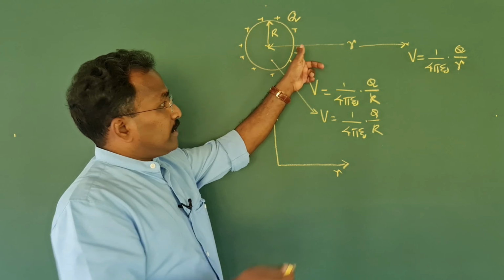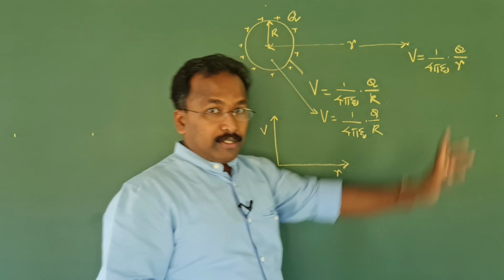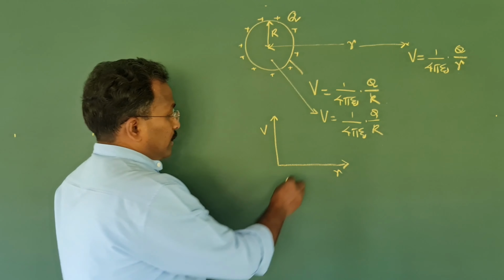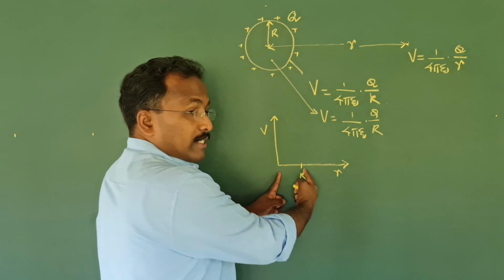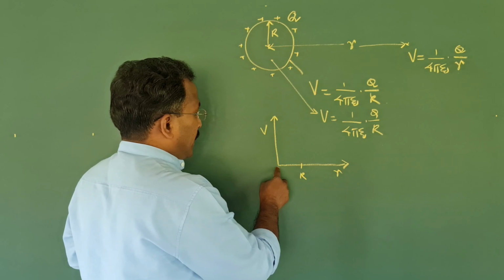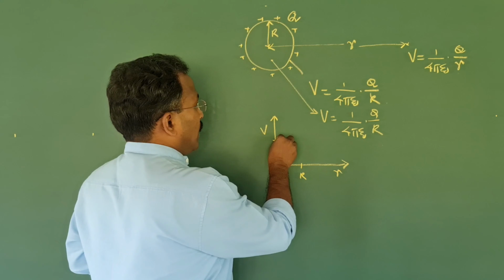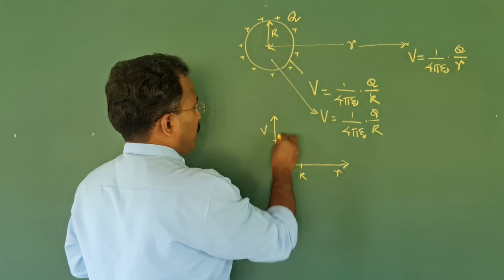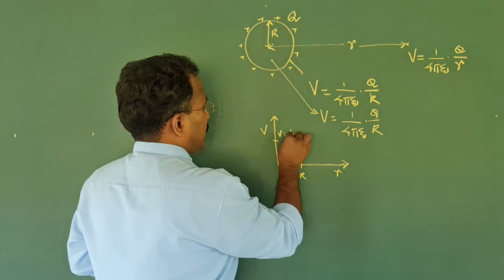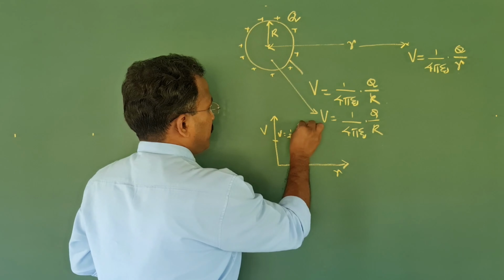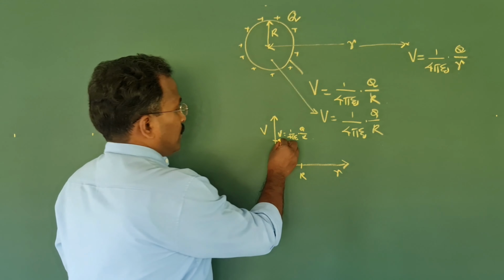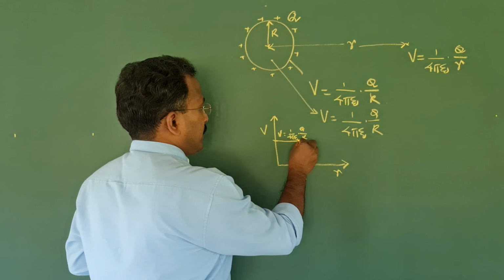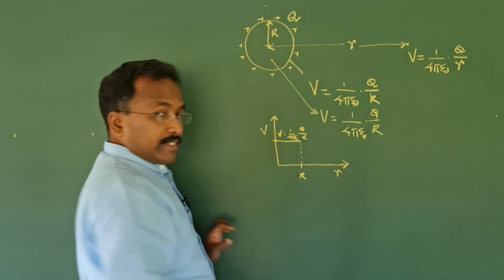Thereafter, it decreases according to this equation. So how will be the graph? The point on the surface is important. So this distance is capital R. At the center, the potential will be according to this equation. I am writing it as V is equal to 1 by 4 pi epsilon 0 into Q by capital R. So this is the same till you reach the surface.